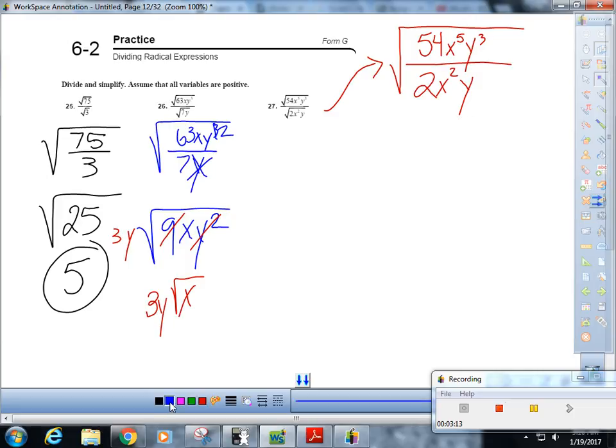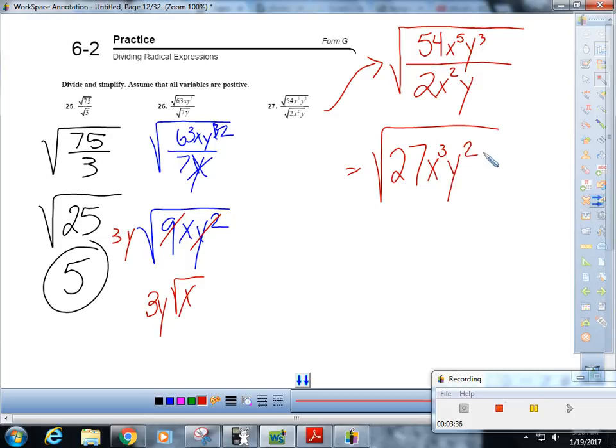All right, so we'll just rewrite that and simplify it. It's the square root of 54 divided by 2 is 27, x to the 5th divided by x squared is x cubed. Everybody understand that and agree? Y cubed over y.